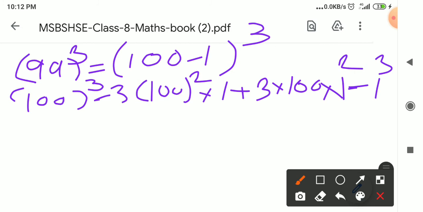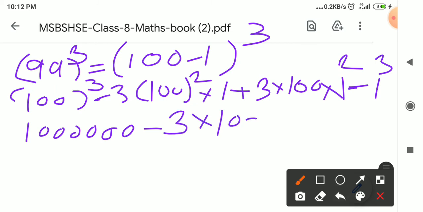So 100's cube: 1's cube is 1, and you have to triple these zeros because it is cube. If you do the multiplication of 100 into 100 into 100, you will get 10 lakh, and then minus 3 into 100 square, which is 3 into 10,000.